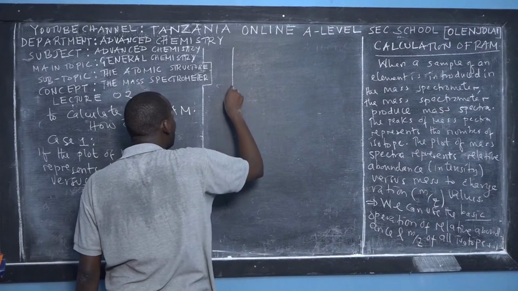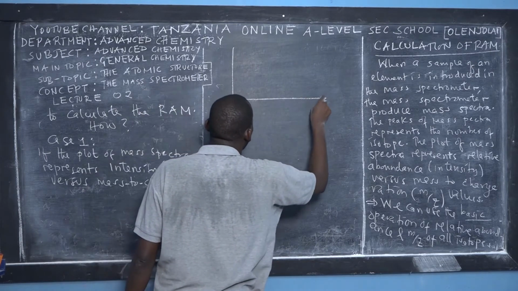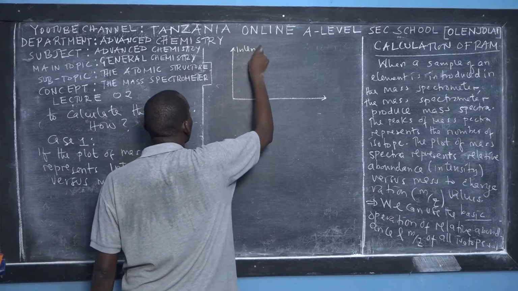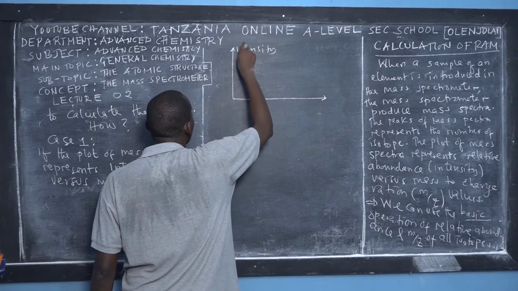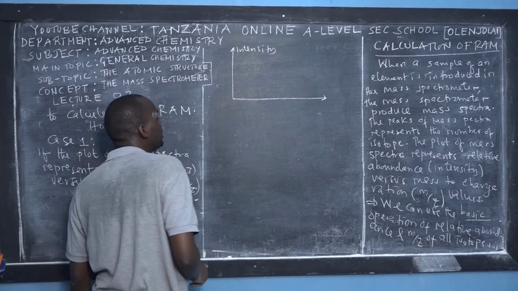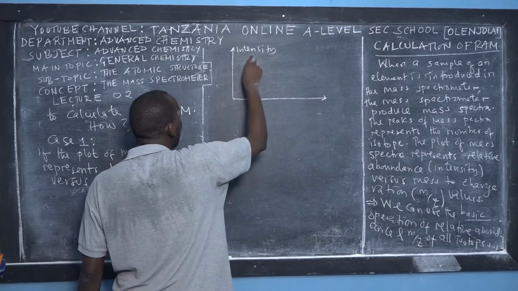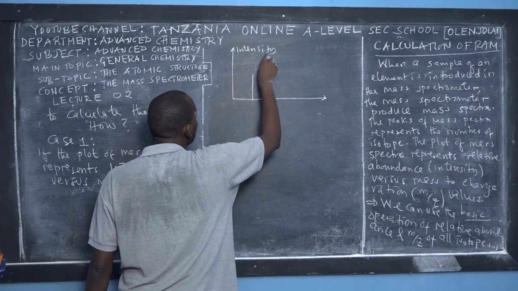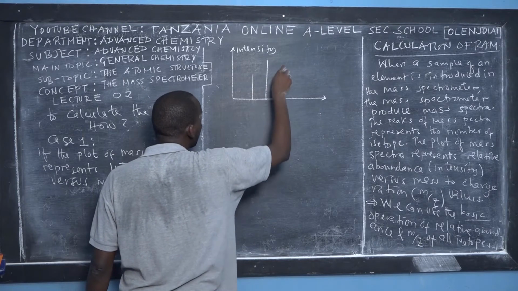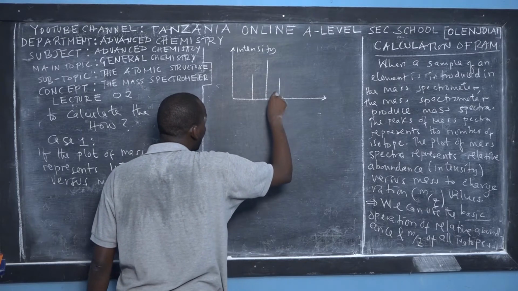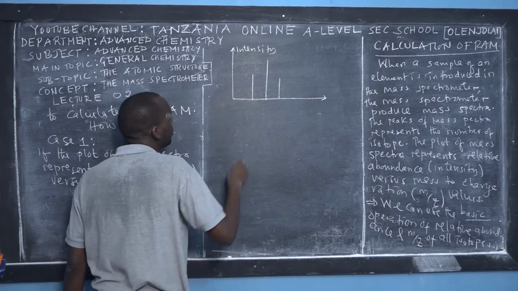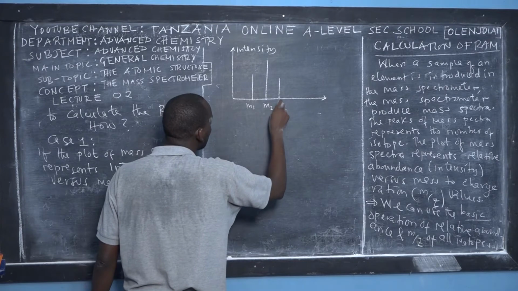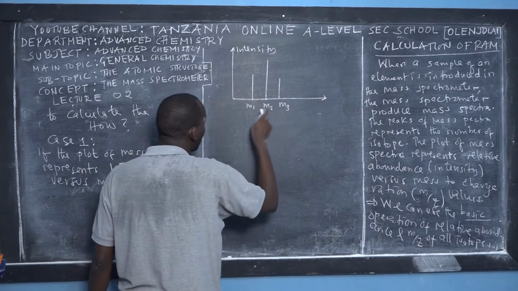So it means that let me represent the graph for the first case. I've prepared the questions on this concept, or on the first case. We have the intensities, and suppose the element has 3 isotopes. So how many peaks will you have? 3 peaks. So suppose that the mass to charge ratio 1, mass to charge ratio 2, mass to charge ratio 3.